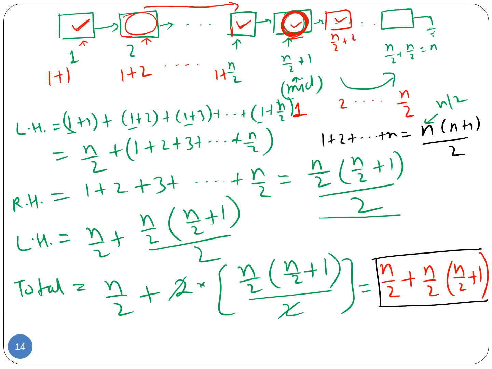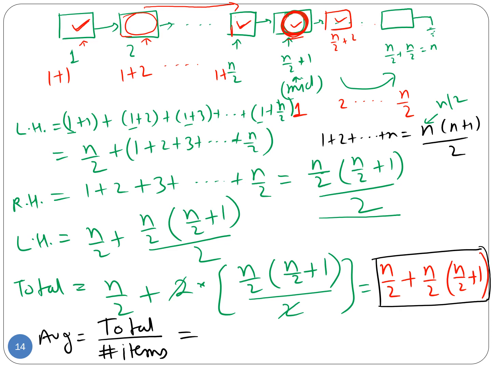So to figure out the average number of comparisons per search item, we basically have to compute the average as the total number of comparisons divided by the number of items. In this case the total number is this, and the number of items is simply n.